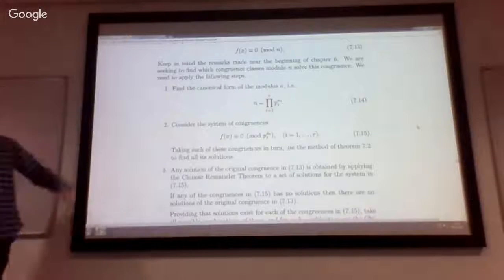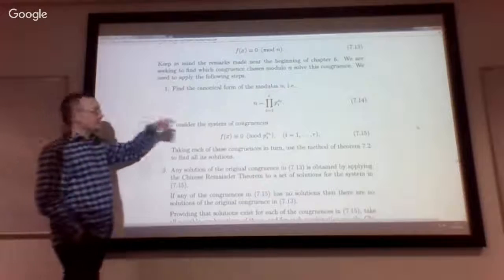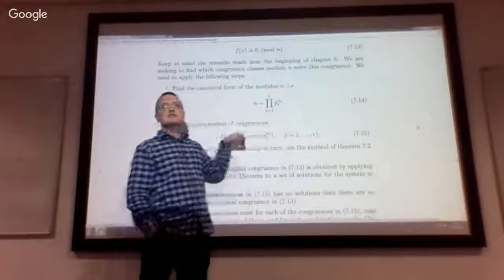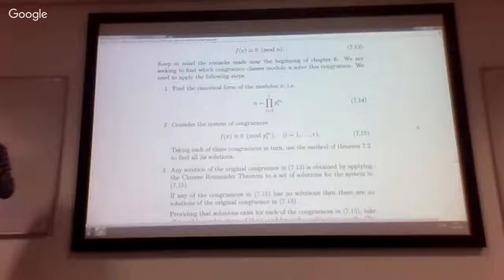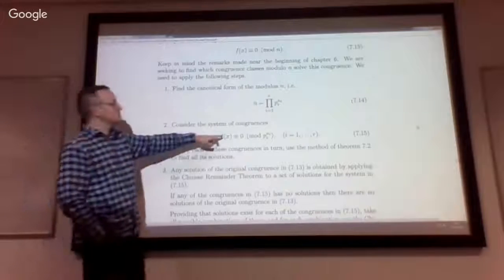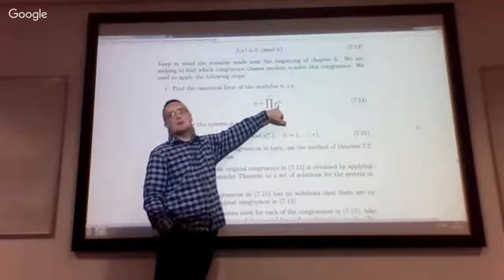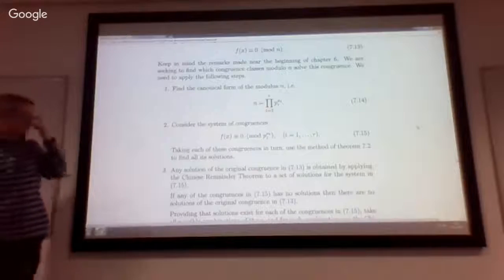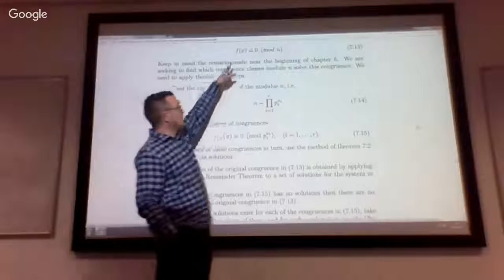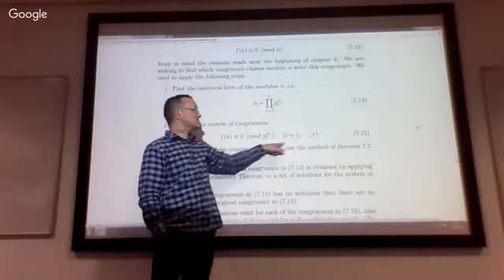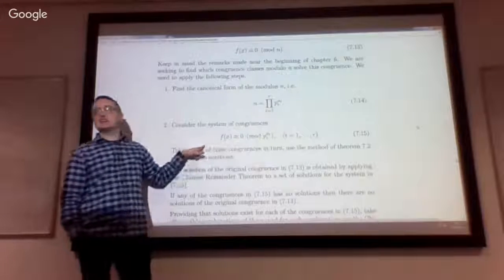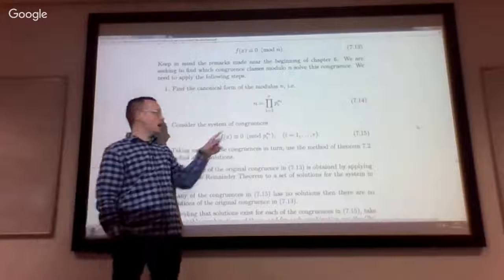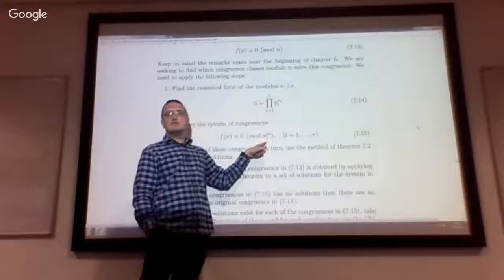So that single congruence at the top is going to split into a set of r subcongruences, where we consider the polynomial congruent to 0 modulo each of the prime powers from the prime factorization of n. So we've gone from a single congruence to a system of simultaneous congruences, r of them, and they've each got a different modulus.